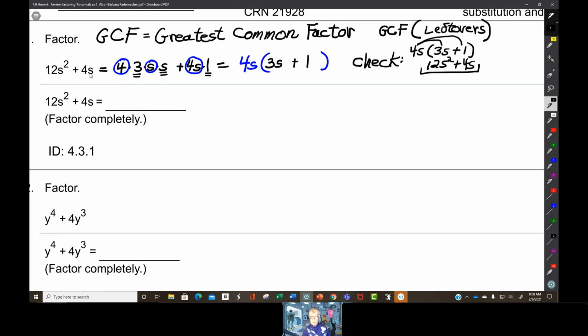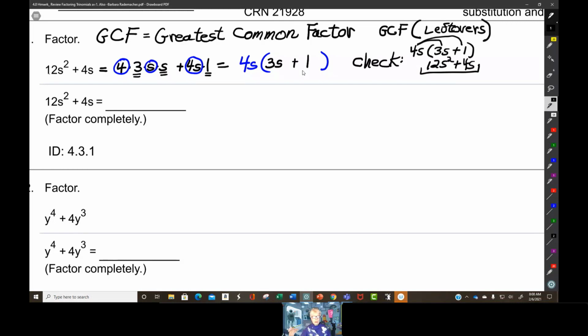Can I ask a quick question real quick? Absolutely. Do you only use the 1 if it's not squared, or like with the 4s? If it was 4s squared, would you still need the 1? No. It's just I kind of looked ahead and I saw, well, there won't be anything left if I don't put the 1 there. And then you're going to ask, well, where did you come up with the 1?